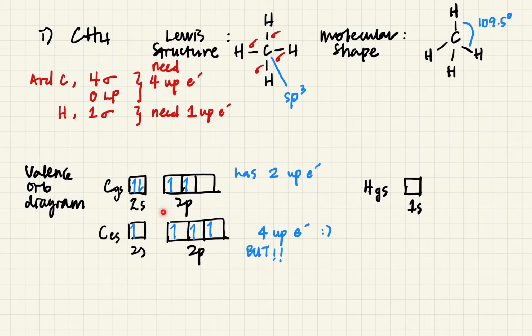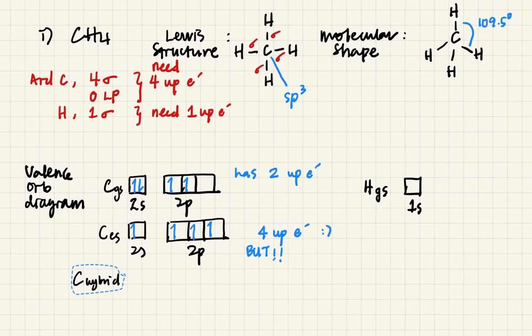So what we're going to do is make hybrid orbitals. Look back at your Lewis structure, your carbon will have sp3 hybridization. Therefore, we are going to mix our orbitals. So, carbon hybrid.